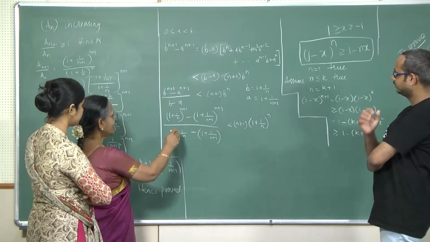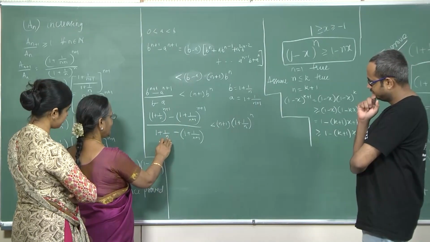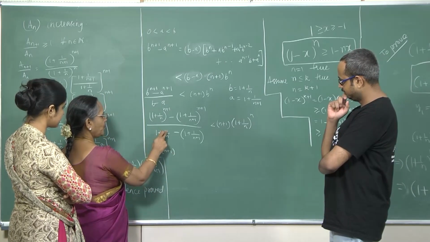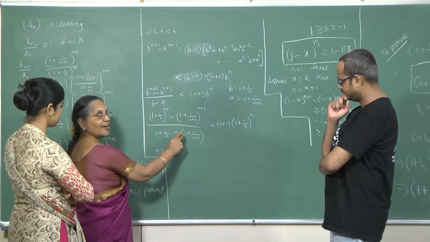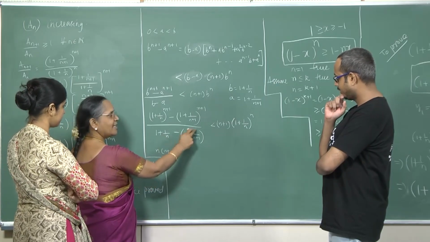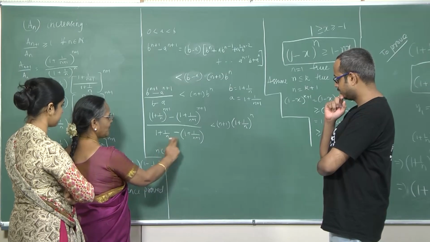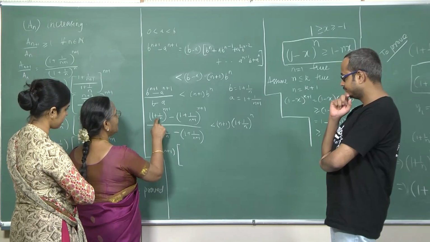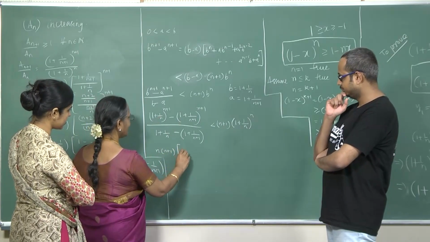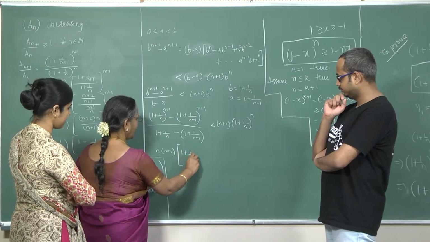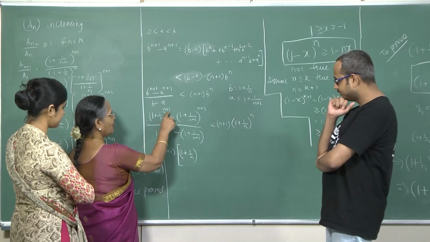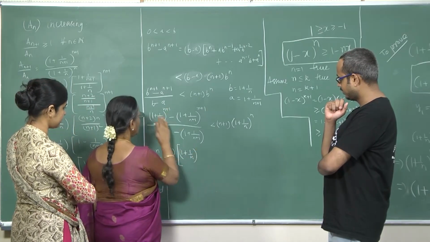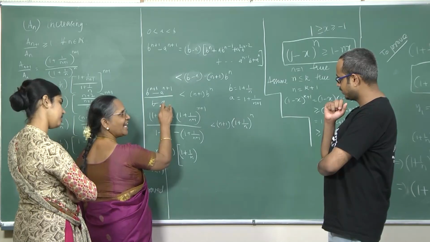So let's simplify the left hand side. The denominator is n(n+1), and (n+1) minus n gives me 1, so the denominator is n(n+1), multiplied by, here I write (1 + 1/n)^(n+1) as (1 + 1/n) into (1 + 1/n)^n.